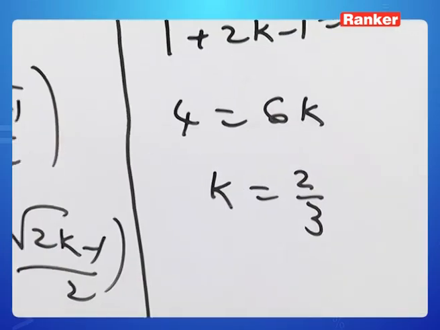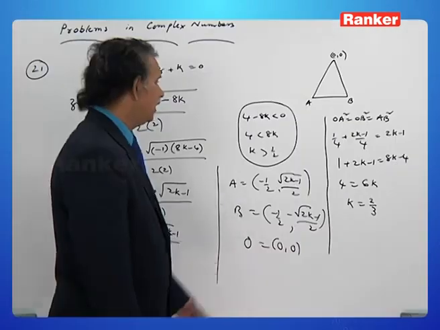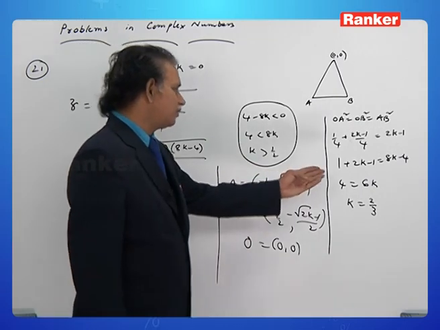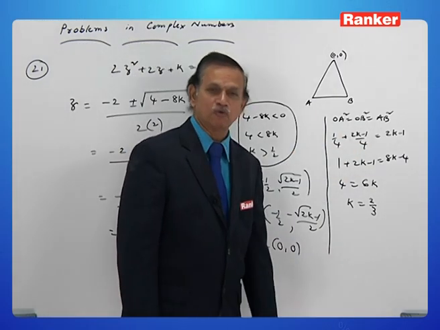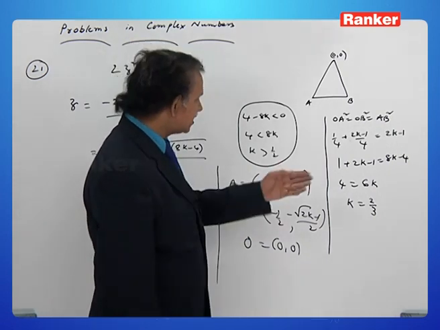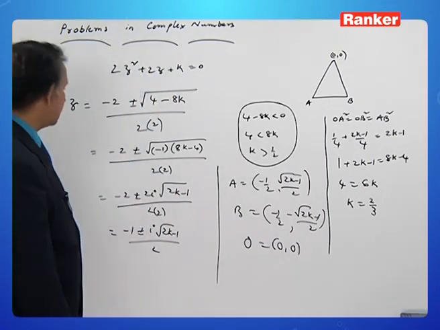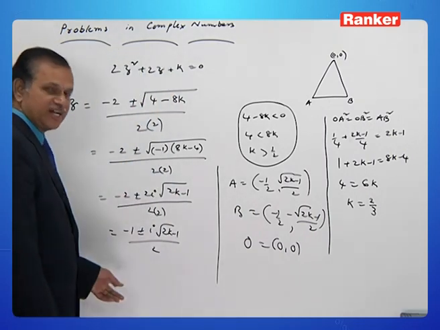Yes. Here we have made use of the character of an equilateral triangle, that is, all the sides are equal. We see that both OA and OB are equal to root of 1 by 4 plus 2k minus 1 by 4, and AB is of course root 2k minus 1, by equating which we are able to get k. At the same time, you must know the style of getting z here.